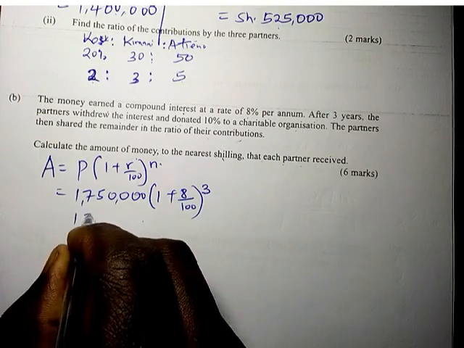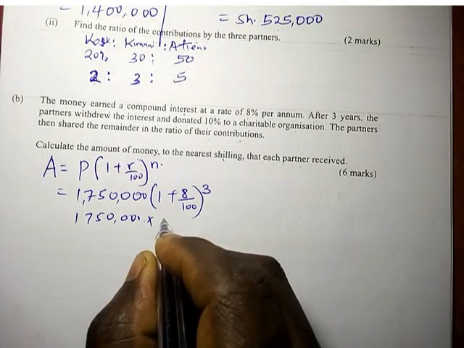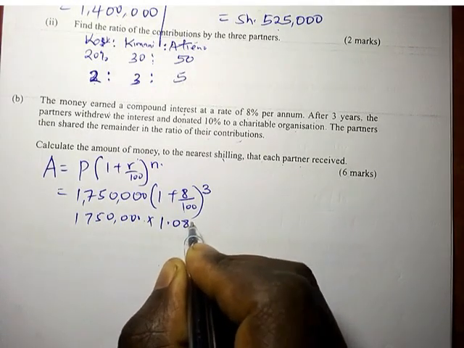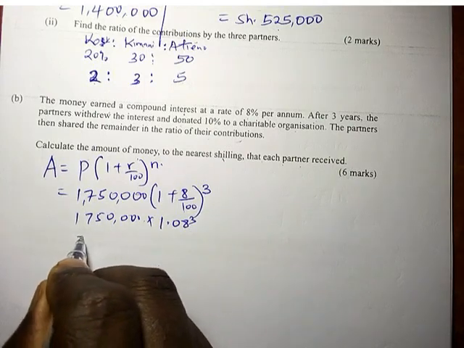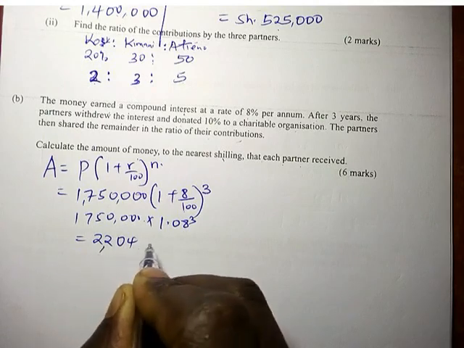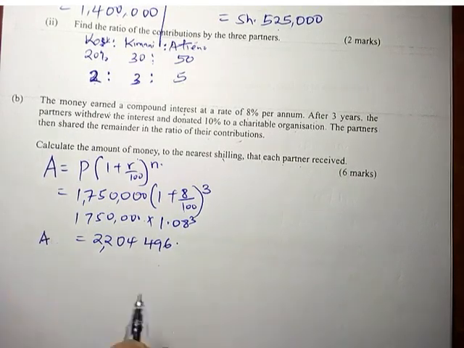This one will be 175 times 1.08 raised to power 3, and that one will give us 2. So this is the amount.